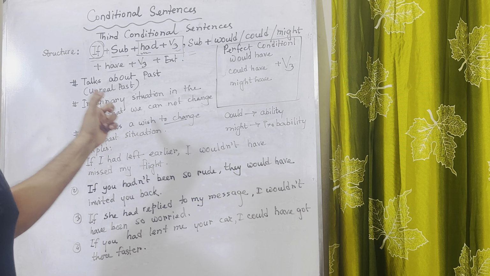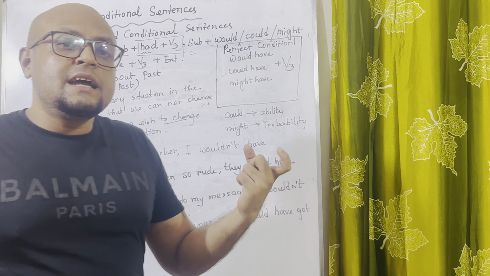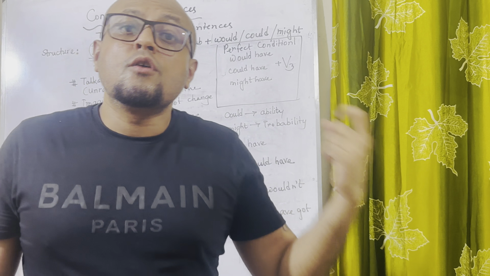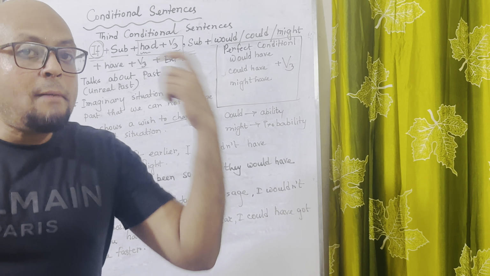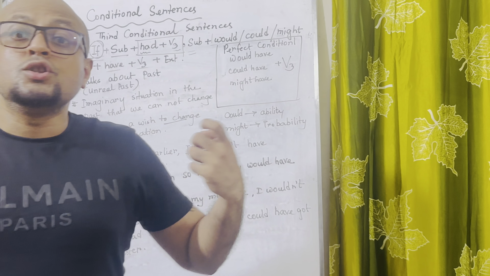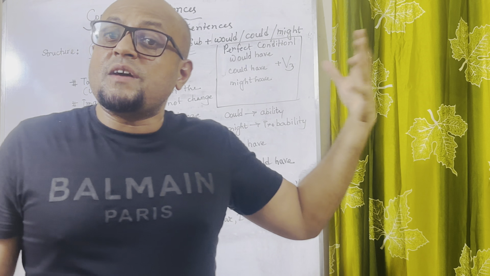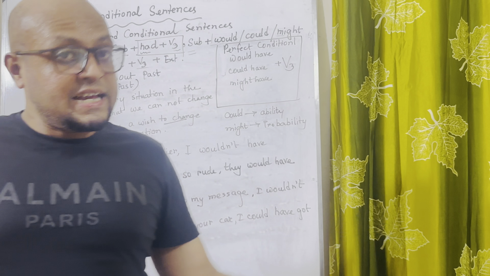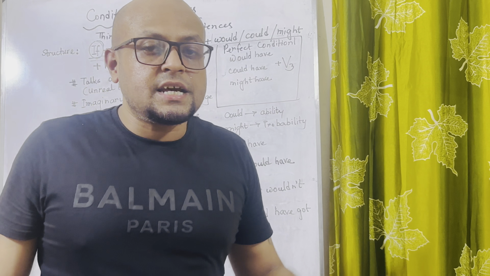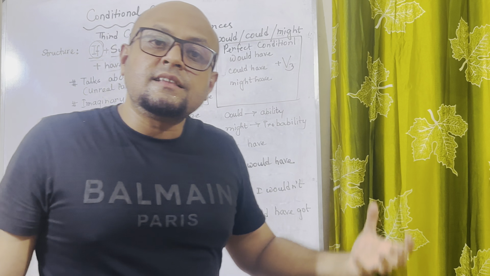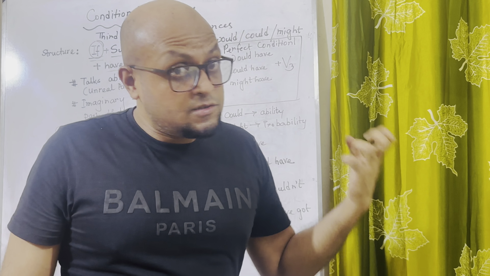But there is a different situation here: it actually deals with the unreal past. That means a past situation that is not exactly real, rather it is a kind of imagination of the speaker's mind. This type of situation you can create using the third conditional sentence pattern.